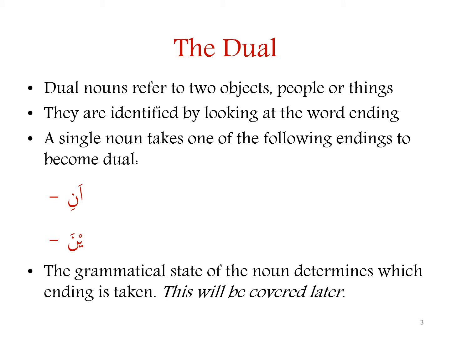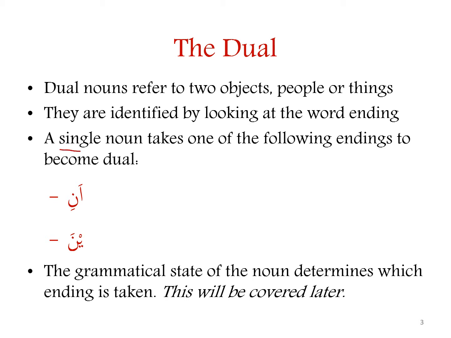So the dual noun refers to two objects, people, or things. They are identified by looking at the word ending. When it came to the plurals, there were some different patterns for the sound plurals, but also broken plurals which changed their vowel structure. But in regards to the dual, we look at the letters at the end of the word, and that determines whether it's in the dual form.